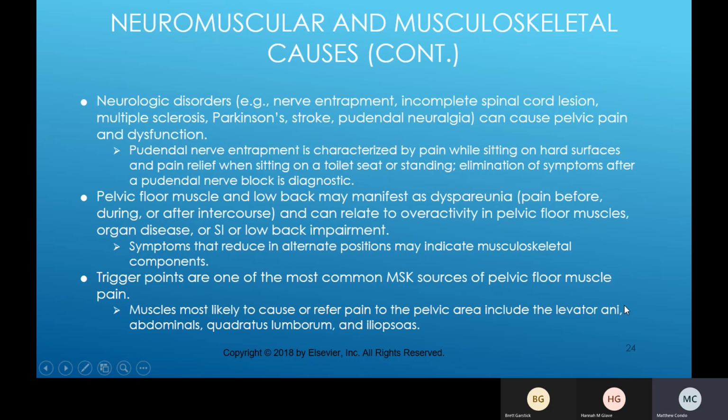Not definitely, I could. And here's the problem with pudendal nerve problems. They don't know it's definitely a pudendal nerve problem until they go in and do a pudendal nerve block. If the pain goes away with a pudendal nerve block, then it is a pudendal nerve problem, if that makes sense.